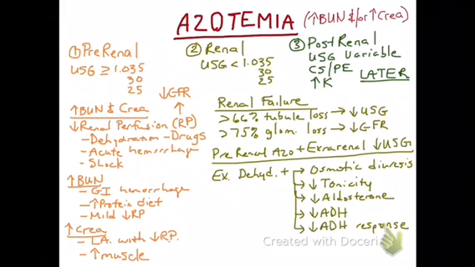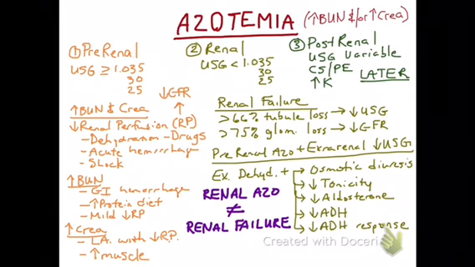So it's important to note that renal azotemia does not mean that the patient has renal failure. You have to look at the entire clinical findings, chemistry, and clinical signs to differentiate what is causing the renal azotemia.